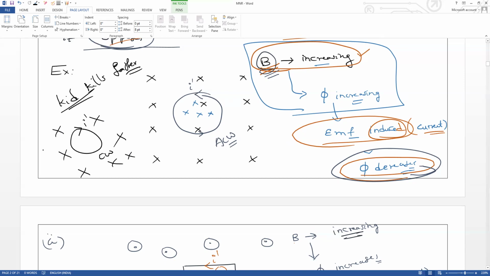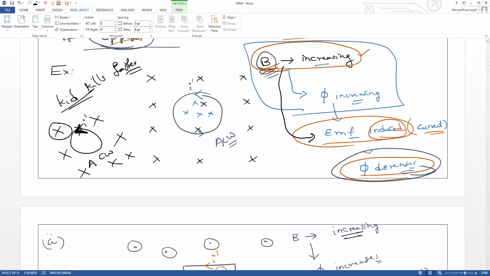We all know that the magnetic field is into the page, so the EMF direction must oppose it, meaning outwards. Because the magnetic field is the cause behind this EMF, the EMF must be opposite to the direction of the magnetic field. The magnetic field is acting into the page, so the EMF direction is out of the page. So out of the page means the induced current will go clockwise or anti-clockwise?